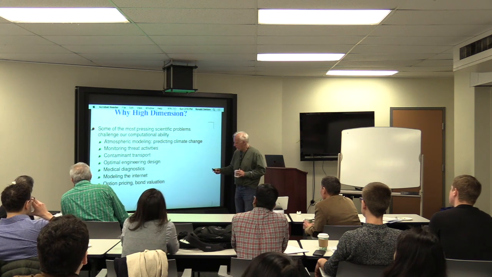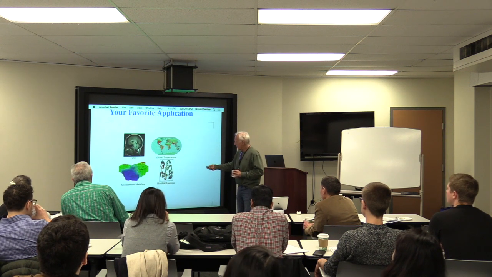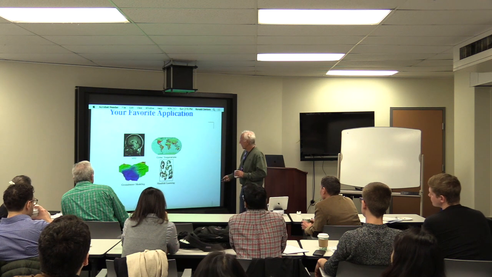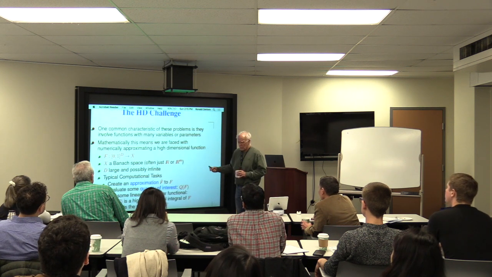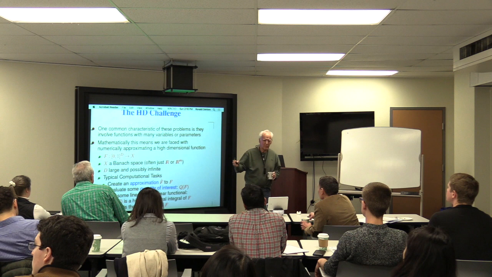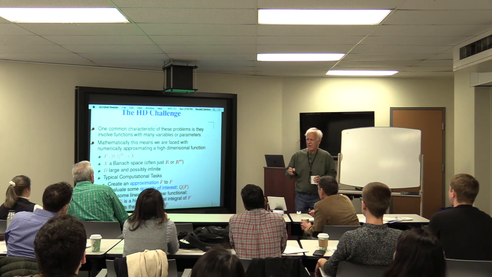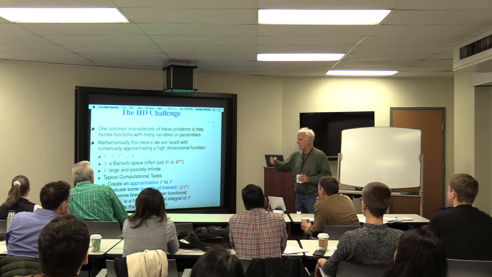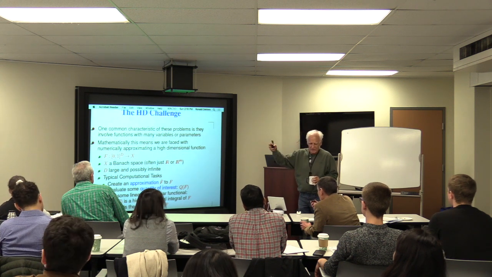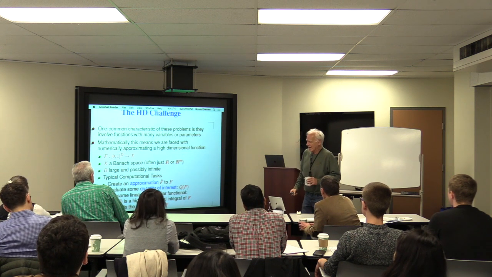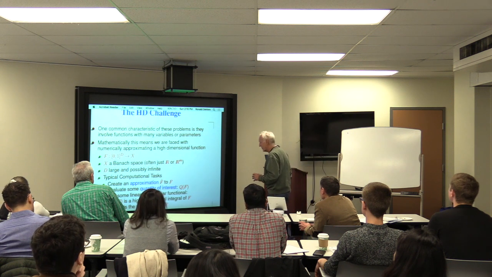And the point I want to make, here's a schematic of this, is that one characteristic of these problems is they typically depend on many variables or many parameters. Think of the atmosphere and all the debate these days about the effects of CO2.